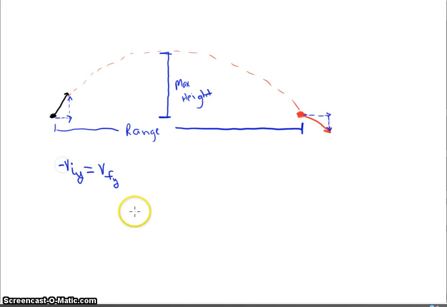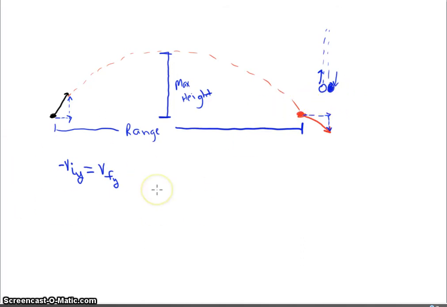It'll just be in the opposite direction. We could look at that by saying you have a ball and you throw it up and it comes down. It will come down and be at the exact same spot that it was. When it's at the exact same spot that it was, it will be moving just as fast as when you threw it up, but in the opposite direction. Okay, so this is something that we can say.